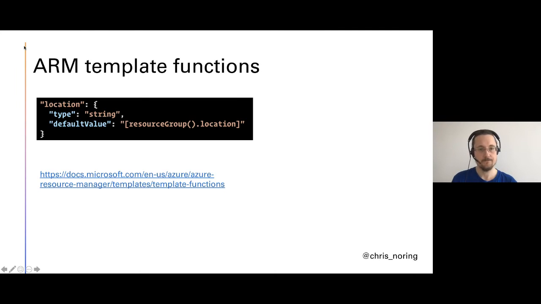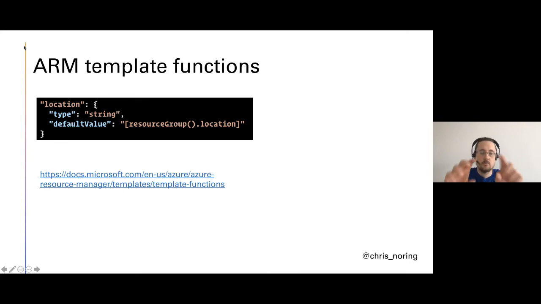And to use this, new topic. We're going to talk about template functions, which are built-in functions for ARM templates. You might see this early on when you try to use this VS Code extension tool to actually, for example, create a storage account. What we're looking at here is something called resourceGroup. If you see this at the default value, you see that the resource group is called like a method.